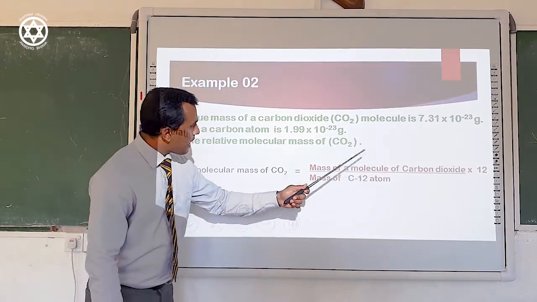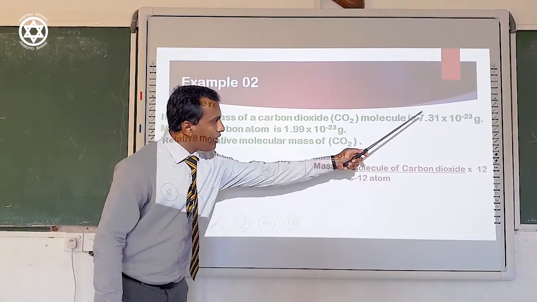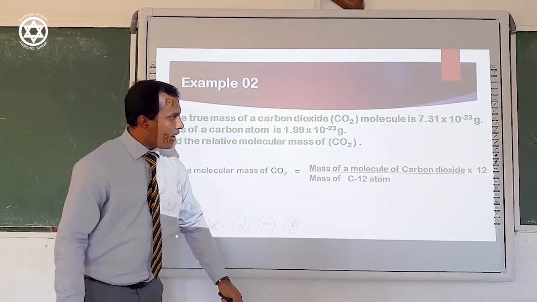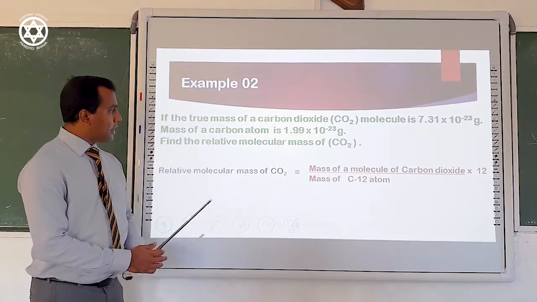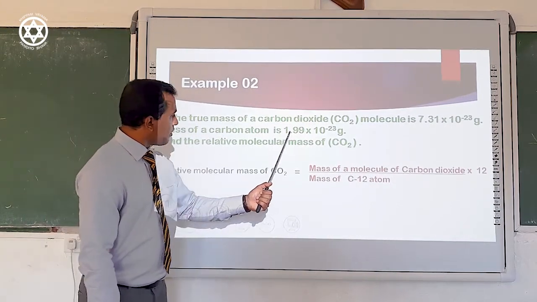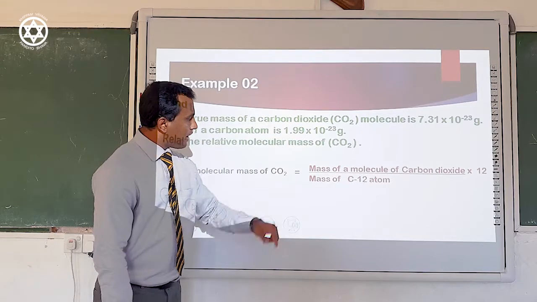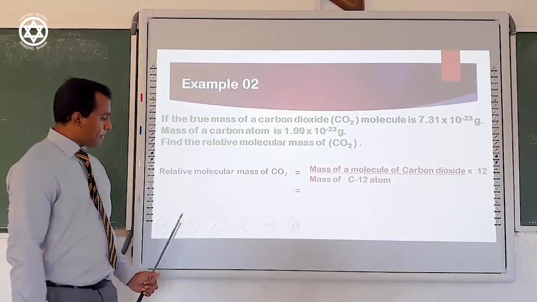The mass of a molecule of carbon dioxide is given here as 7.31 × 10^-23 gram. The numerator must be that value. The denominator should be the mass of a C12 atom, 1.99 × 10^-23 gram, but it must be multiplied by 12.